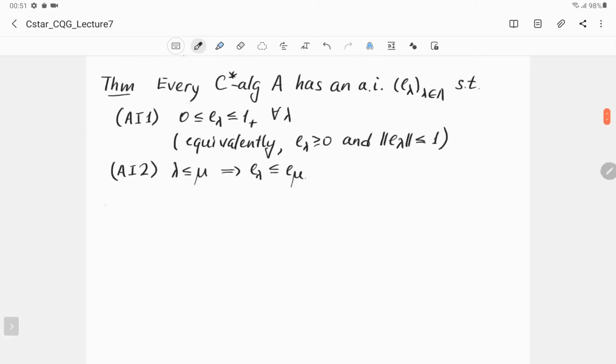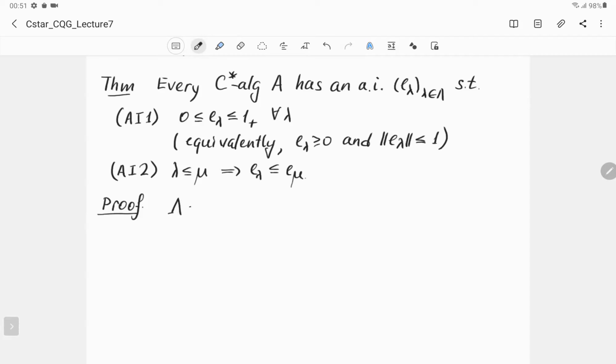Okay, so let's now prove this result. Well, the idea is to consider the special case where A is the field of complex numbers. But first of all, before we look at the special case, we explicitly define the index set lambda.